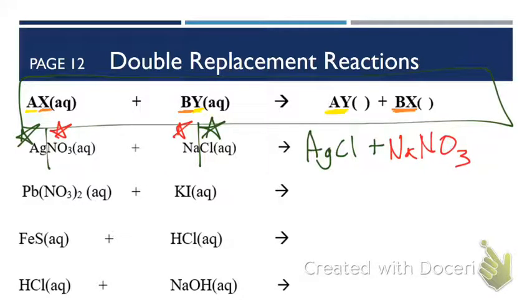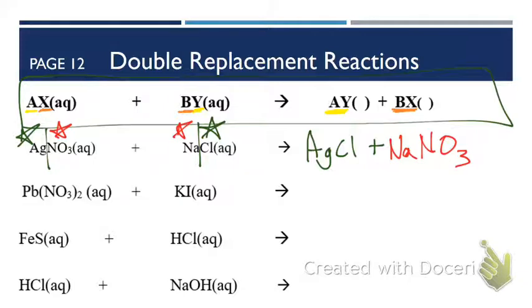Once again, checking my charges. Na is in the first column, so it has a +1. NO3 nitrate, we've seen a couple of times already, and it's a -1. So that is all that I need for my formula, NaNO3. So these are my products of my first double replacement reaction.